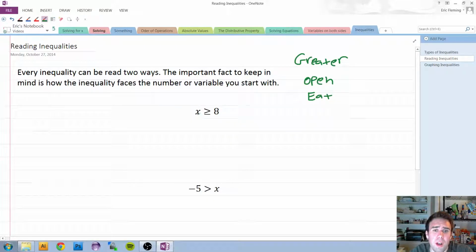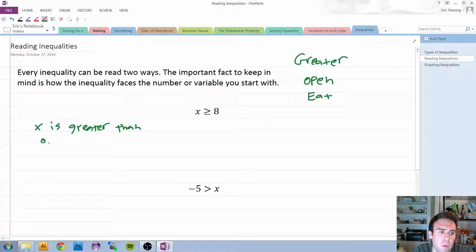So here I would see x, and the inequality is opening up to it, is greater than or equal to 8. So let's write that out in words. X is greater than or equal to 8.